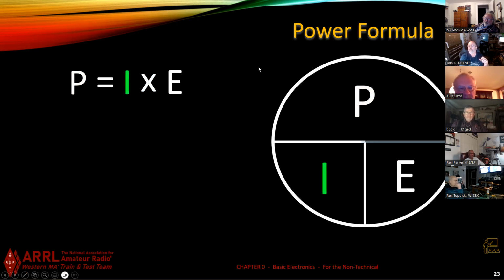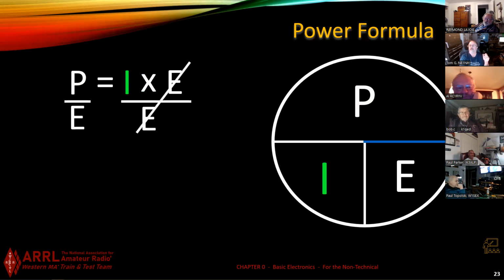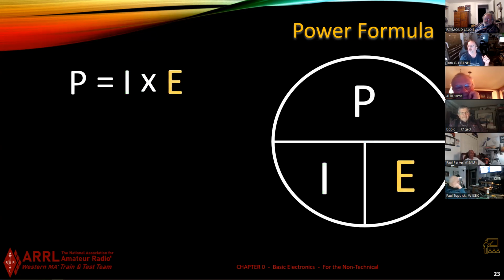So I is P divided by E. And again, the fancy math person says, let's solve for it over here. Cancel out the E's, ta-da! I equals P divided by E. And similarly, if you want to solve for E, it's P divided by I.